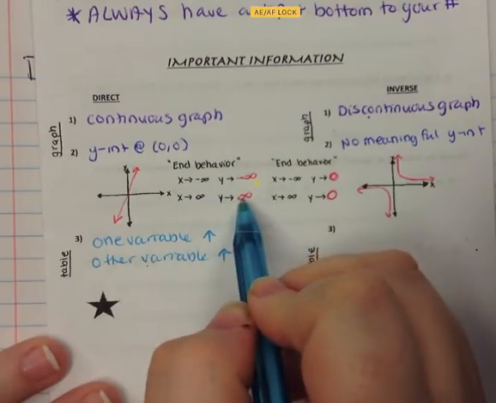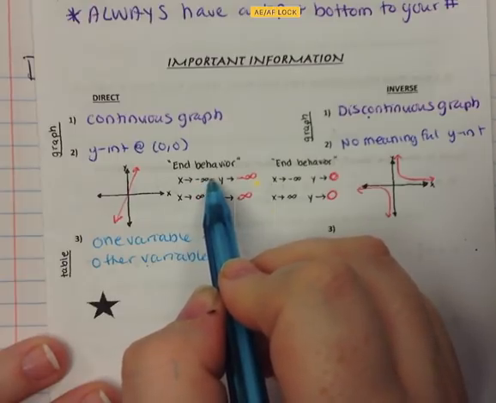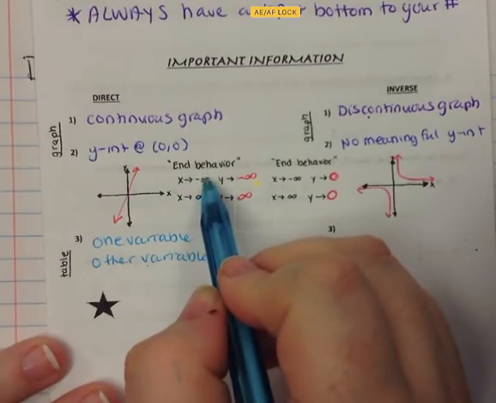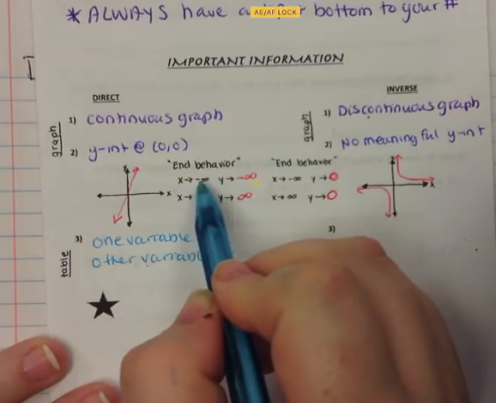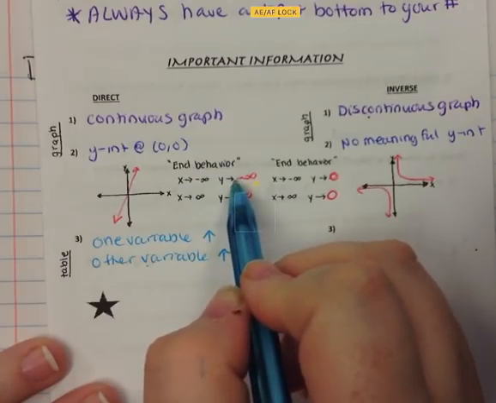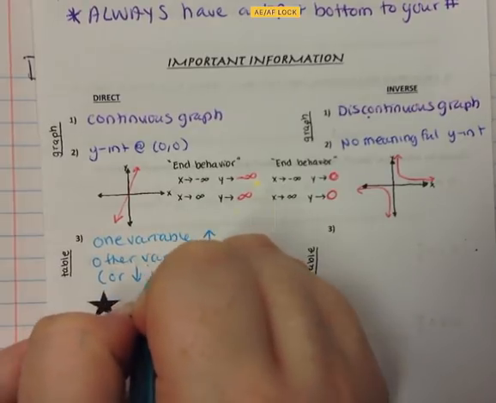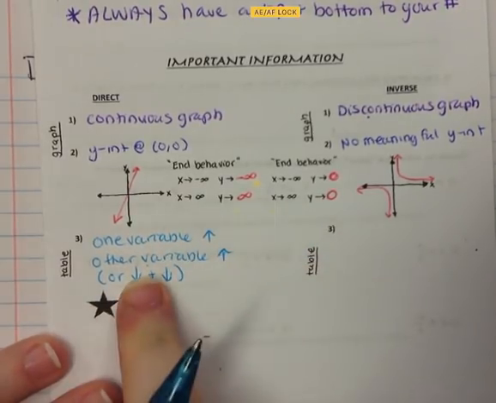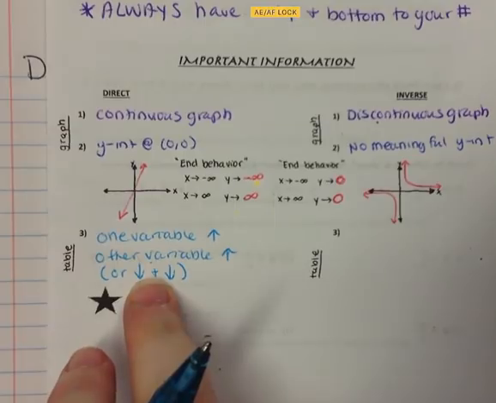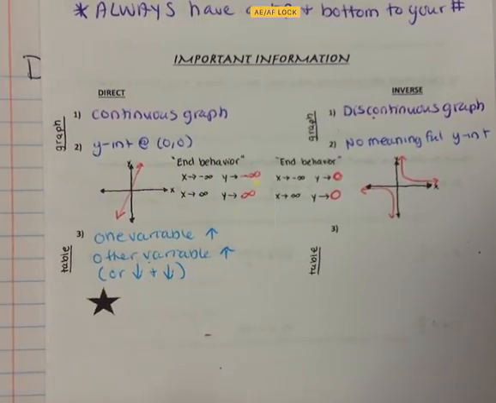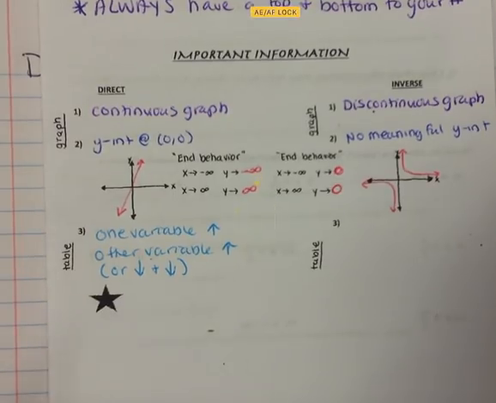So you have positive infinity. But if one variable goes down, so if the x's are going down to negative infinity, the y's are also going to negative infinity. So we can also say down and down, because that's what's happening to the table of values. So they are directly proportional to each other, so they're going to be going up. If the x's are going up, the y's also have to go up.